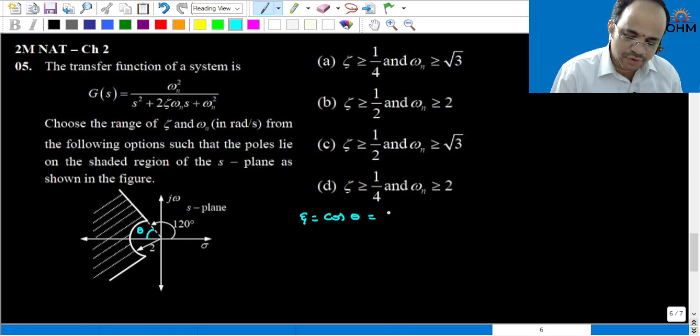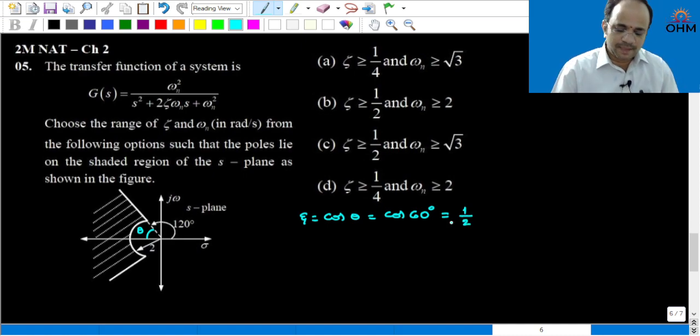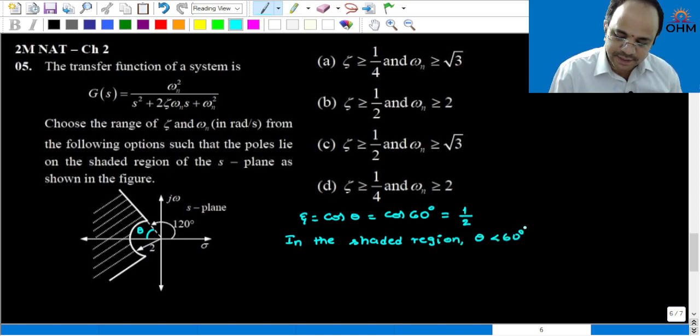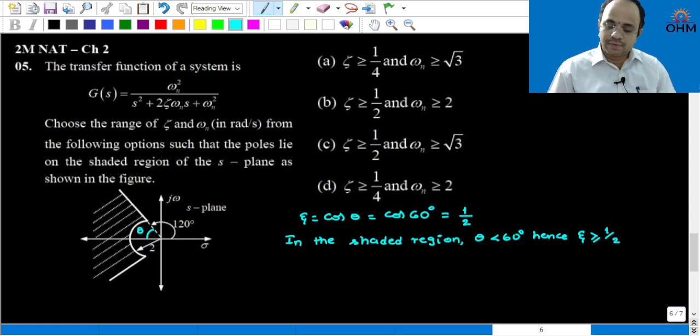So, zeta is equal to cos theta. When this angle is 120 degree, theta will be 60 degree. Therefore, zeta is equal to 1 by 2. Next, in the shaded region, theta is less than 60 degree. Hence, damping ratio could be greater than, of course, or equal to 1 by 2.